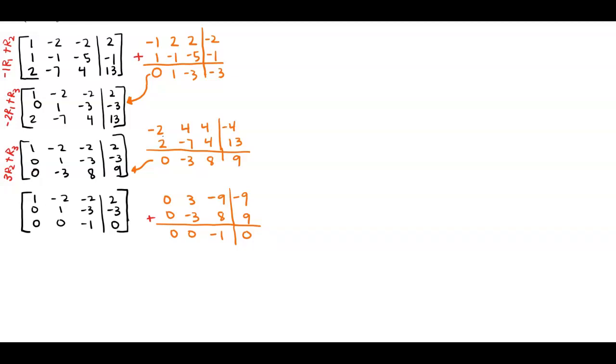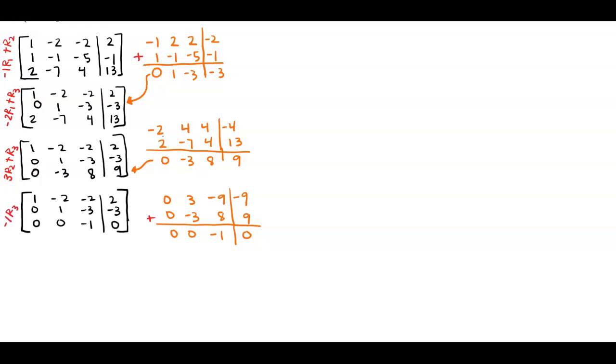All right, we're getting really close here. The only thing is that I have a -1 here, but I need that to be a +1. And so basically I'm going to multiply that row by a negative. So I'm going to do -1 times my row 3.